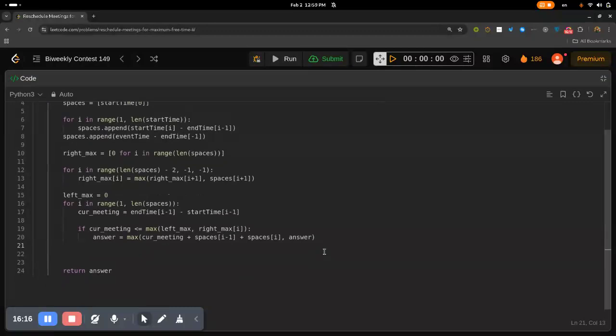And as I said, this is always going to be possible. This is the maximum of current meeting, spaces i-1 plus spaces i. This is when we slide the meeting either to the right or to the left, or the answer. And we should not forget that we have to update our left maximum. So our left maximum is going to be maximum of left maximum or spaces before that.